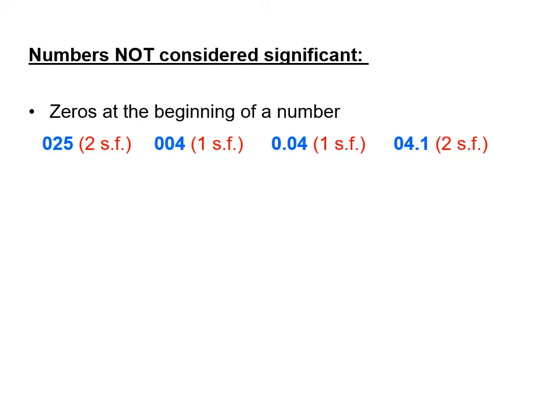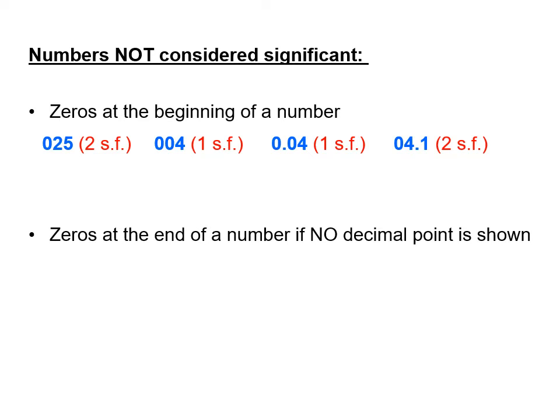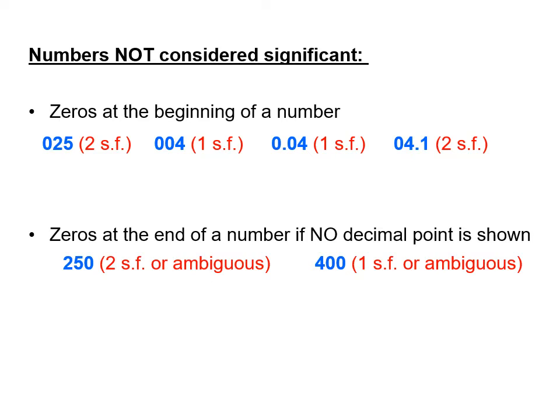The next rule for numbers that are not considered significant is zeros at the end of a number if there is no decimal point shown. The number 250, for example, if there is no decimal point shown, is assumed to have two significant figures.